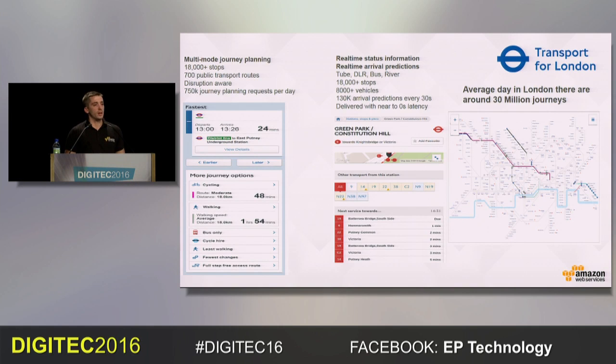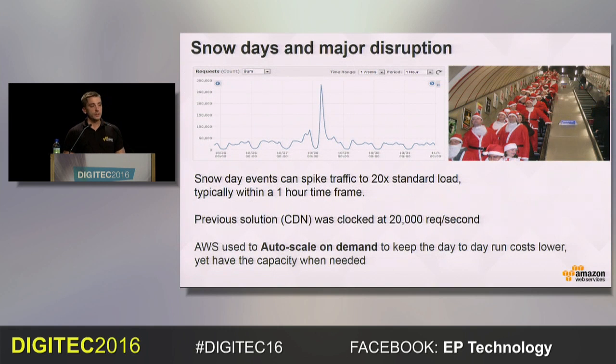Well, most days that's okay. I mean, that's an infrastructure that runs pretty consistently. It's large, but it still runs consistently. What happens is, apparently my colleagues in Amazon always say that winter's coming, but snow days arrive. And then you've got a peak of users asking for that information, asking when is my bus going to arrive?